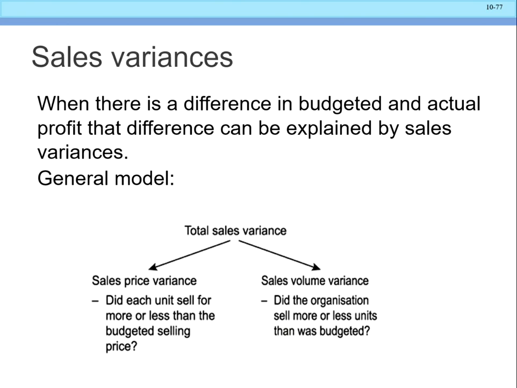The volume variance is the same thing. We look at the volume that we anticipated against the volume that we actually achieved, and what is the profit implication of the change in volume.